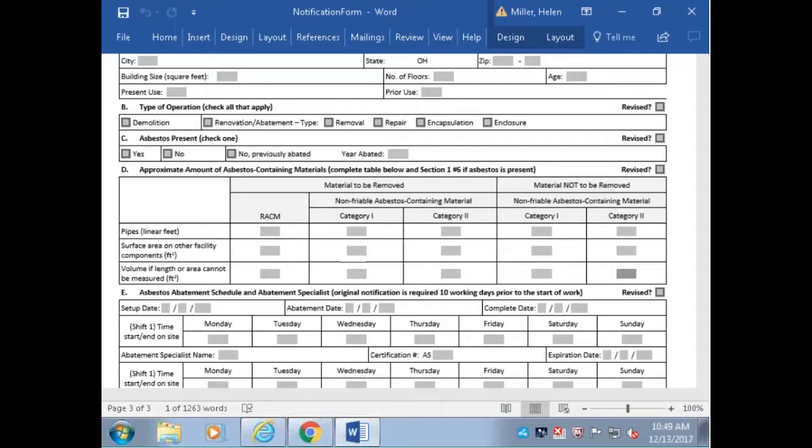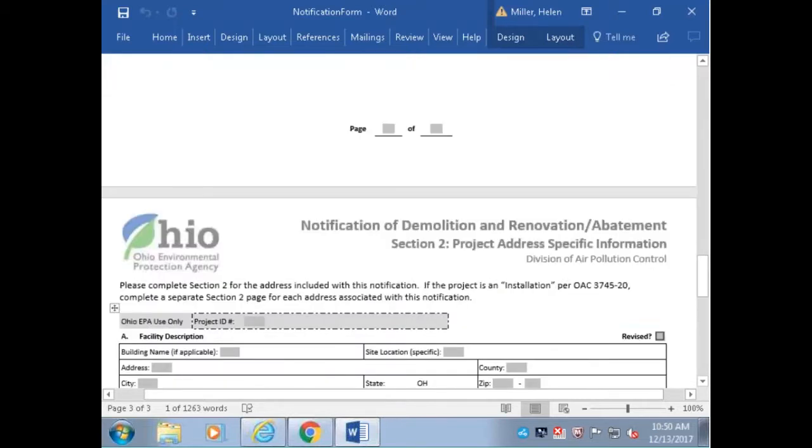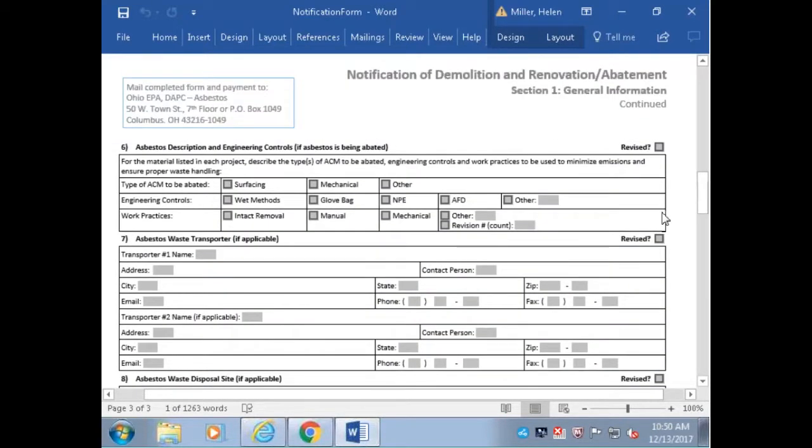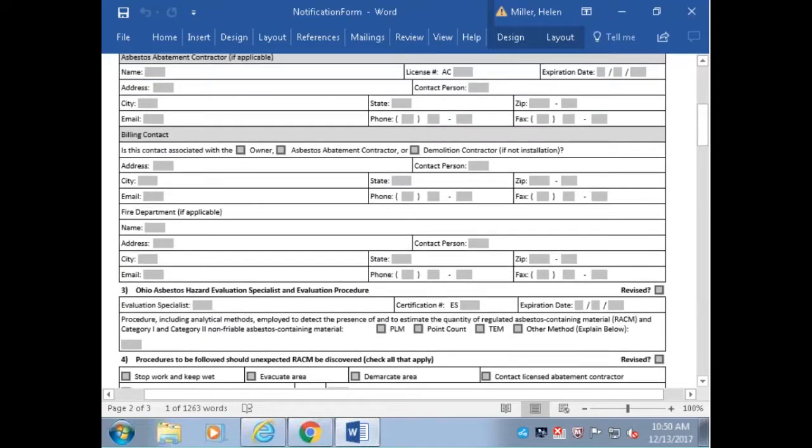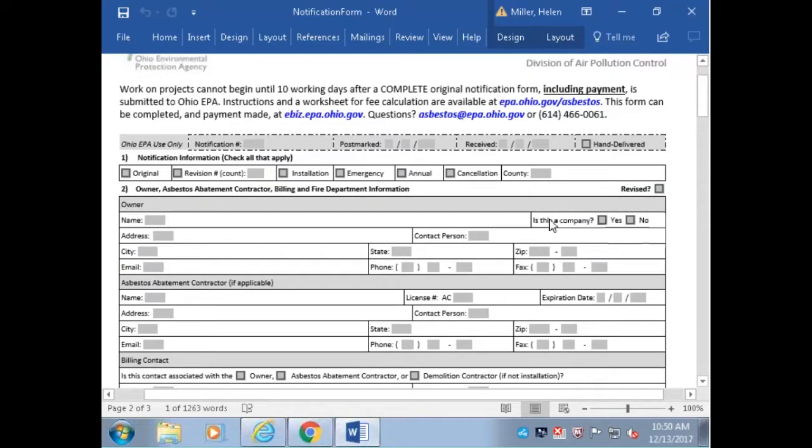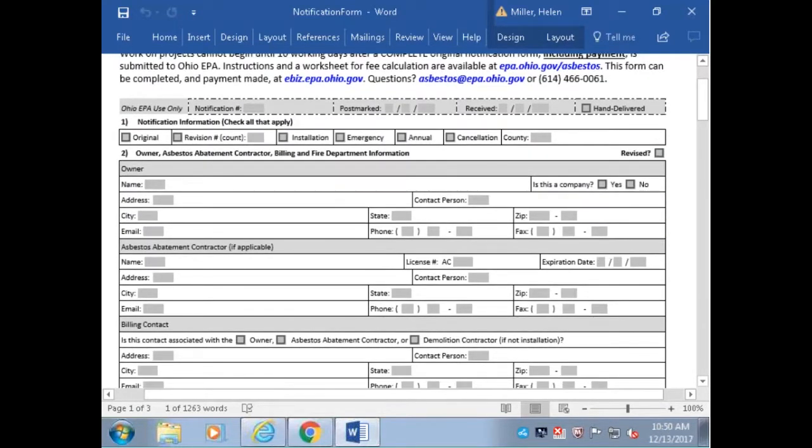What is the meaning of the term company? I believe up in this section here, I'm going to take over the mouse for a second. I believe that's referring up here in the owner information. Is this a company?